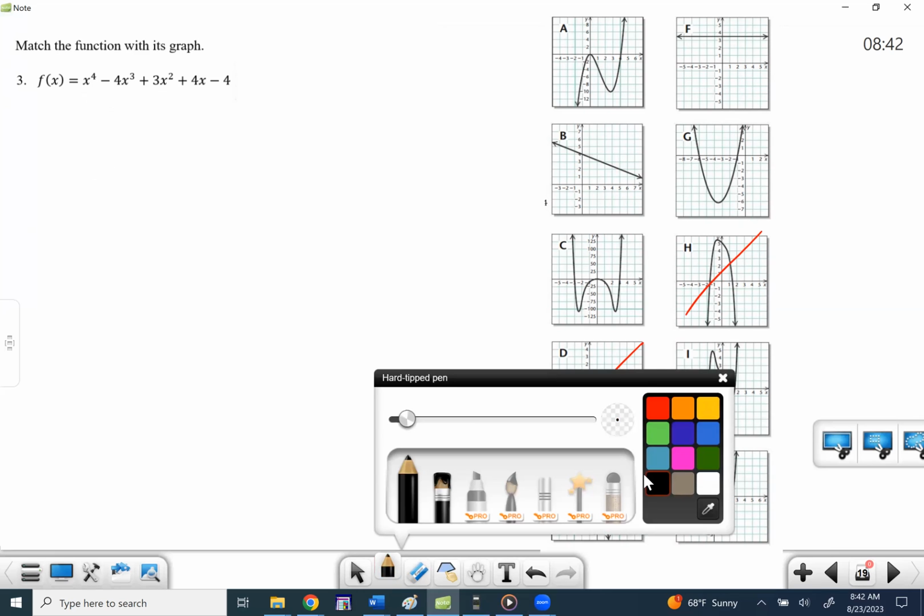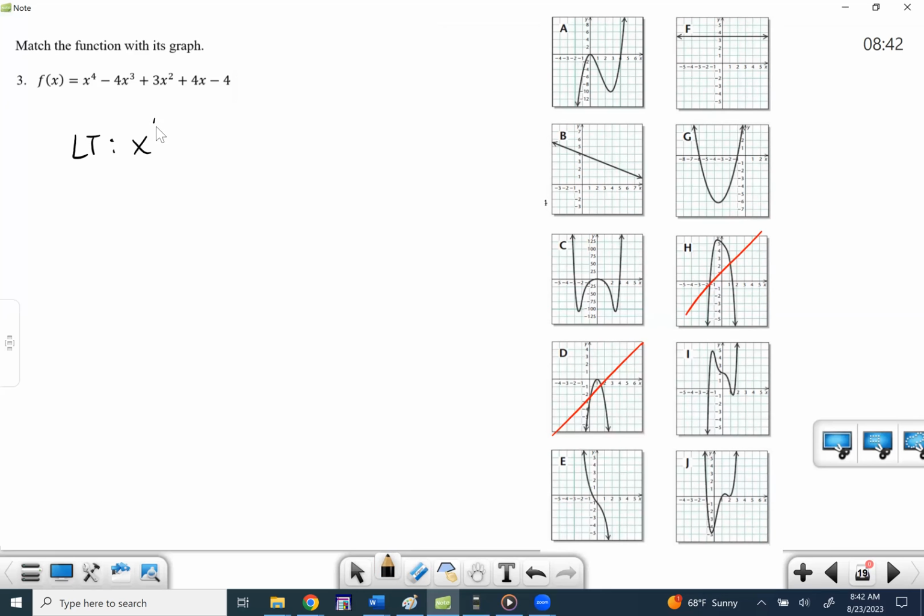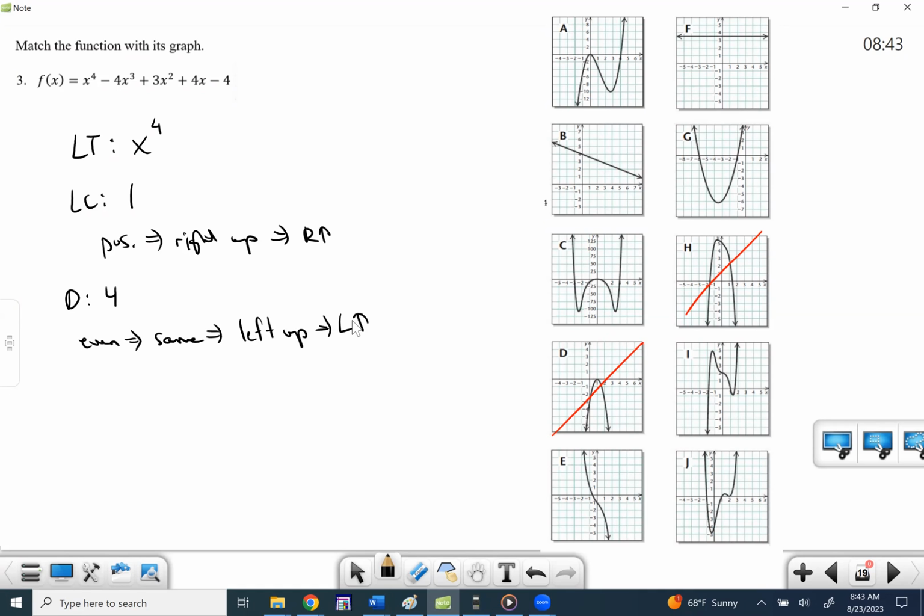All right, let's go to the leading term test. So the leading term is x to the 4th. Since the leading coefficient is 1, which is positive, then that implies that the right will go up. Since the degree is 4, which is even, that implies that the left will do the same, right? So that means that the left will also go up. So left up and right up, that narrows it down to either this one or this one, right?